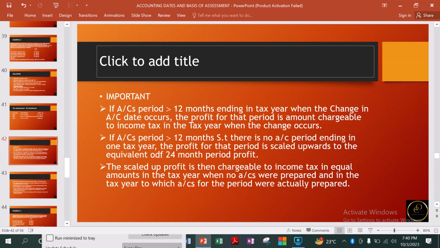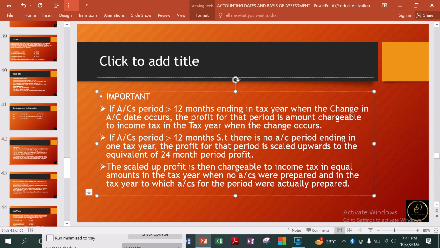Okay, what other notes need to be considered? Just to emphasize again, if the accounts period is greater than 12 months ending in the tax year when the change in the accounting date occurs, the profit for that period is the amount chargeable to income tax in the tax year when the change occurs. Also, I've taken note that for an accounts period greater than 12 months such that there is no accounts period ending in one tax year, the profit for that period is scaled upwards to the equivalent of 24 months.